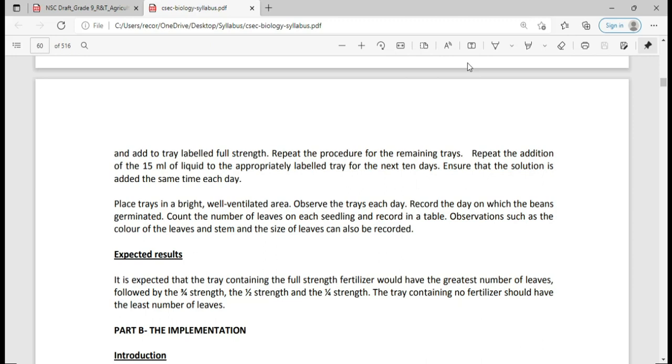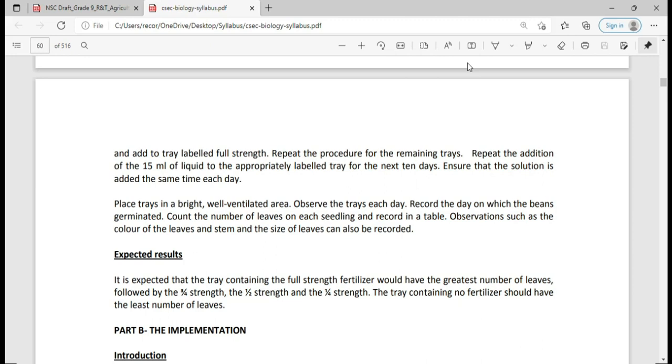Observations such as the color of a leaf and stem and the size of the leaves can also be recorded. Now, these are very important as these will help you to determine whether or not you are seeing growth.